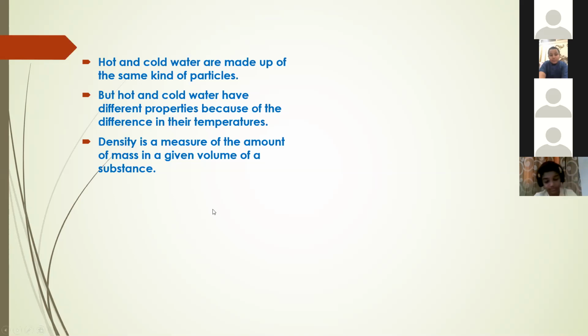Who can tell me which one is going to have more mass, which one is going to be dense, that is, thick? The hot water. Anybody wants to try again? Okay, let me ask you this question. Which one will move faster?